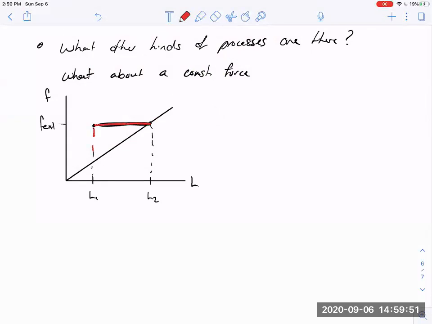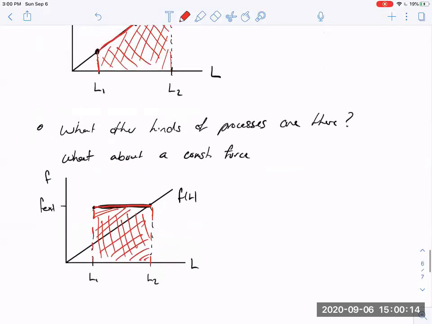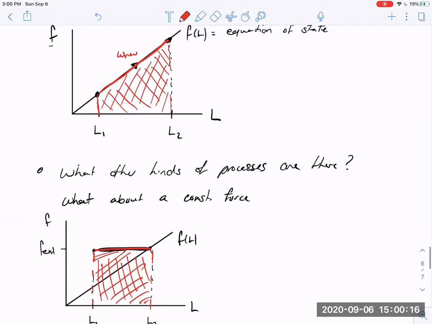In this process, relative to the reversible process by which we stay on that equation of state line, we would note that this constant force experiment clearly requires more work. You can note that by noting the areas under the curve.